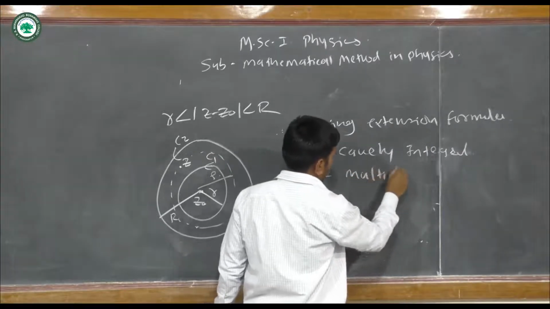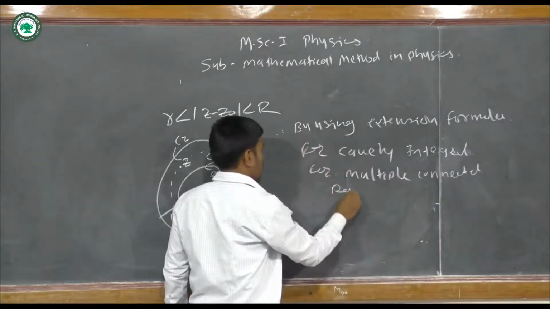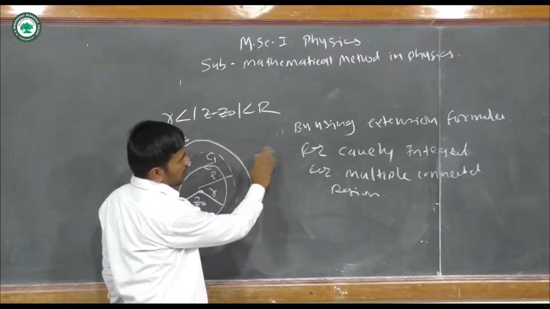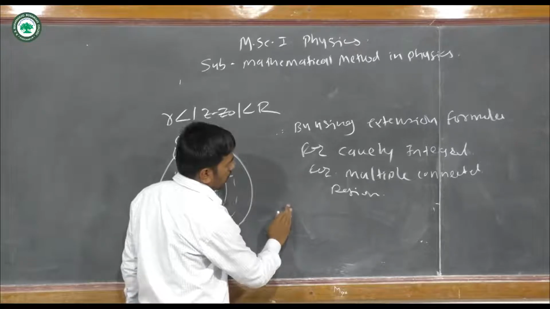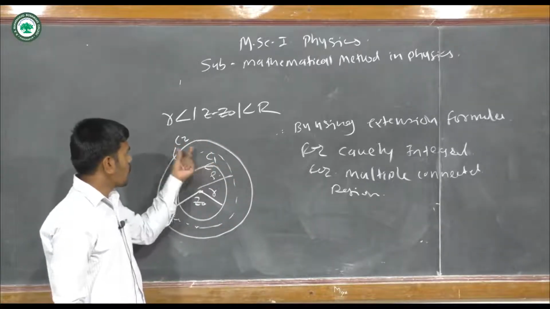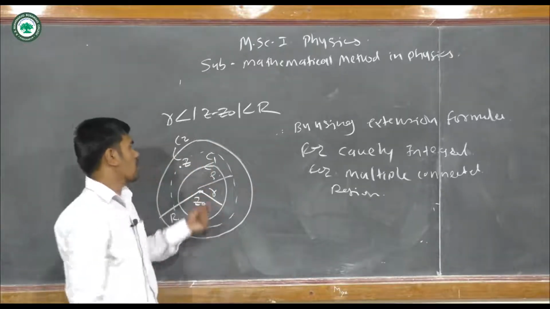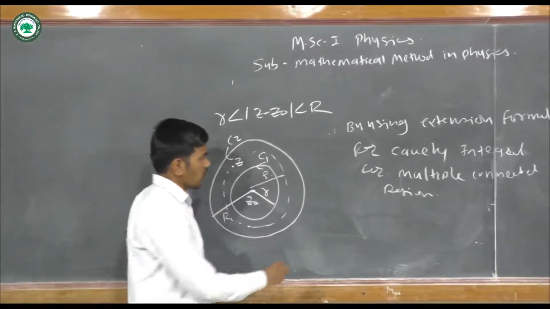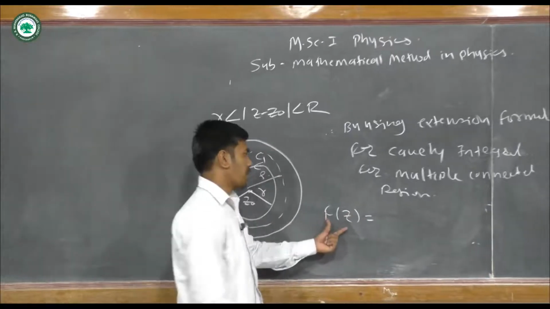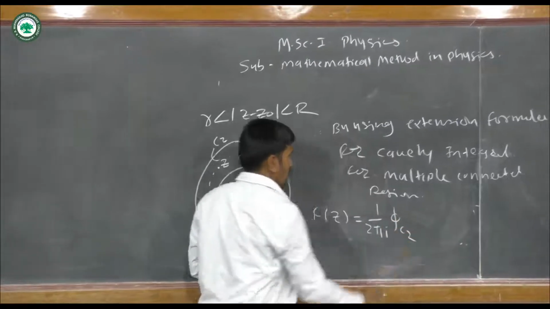Okay, so we already discussed these things in the previous lecture, so I am directly writing the formula for multiple connected regions. Here for these two loops C1 and C2, if I apply the integration over the loops, it is like this: f of z is equal to 1 by 2 pi i, closed integral over C2.